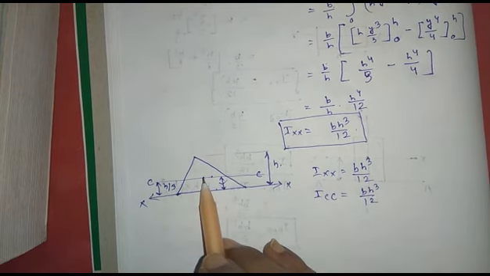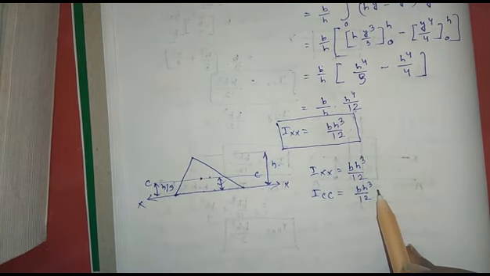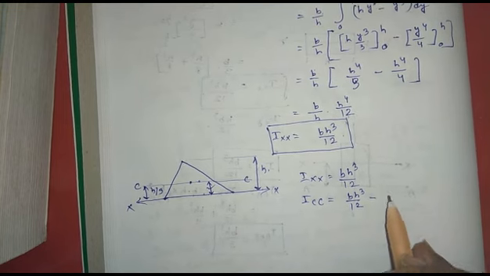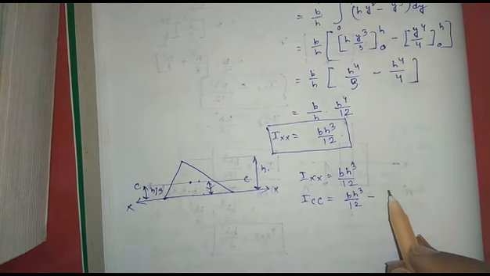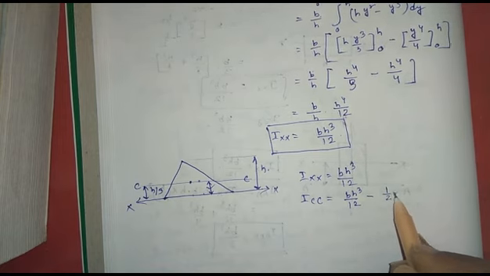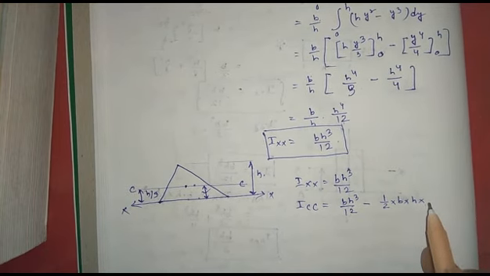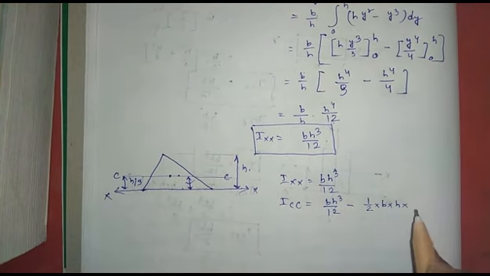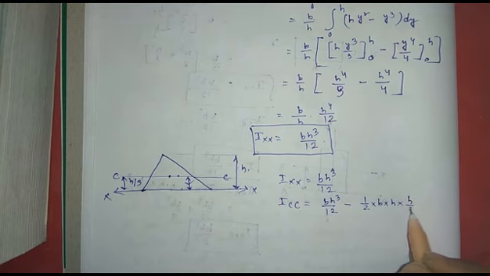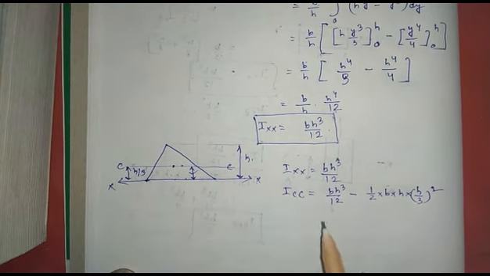If you know the moment of inertia about the base, then the centroidal one will be minus the area of the triangle, that is half into base into height, into the square of the distance between these two axes.